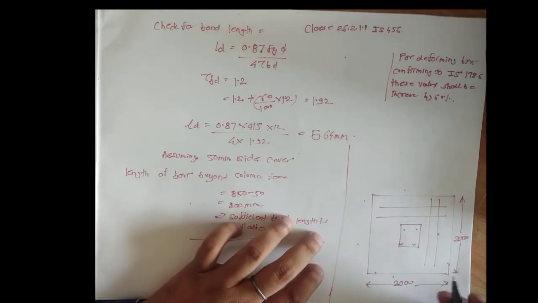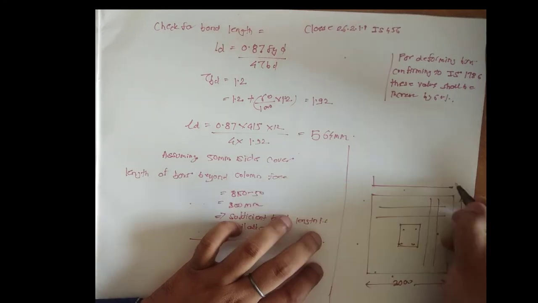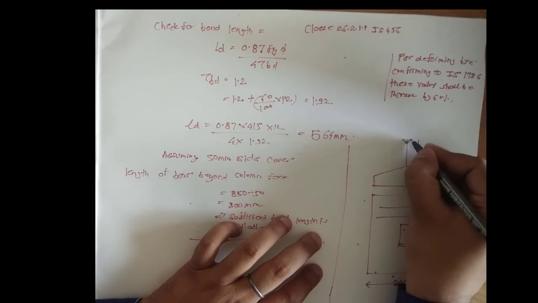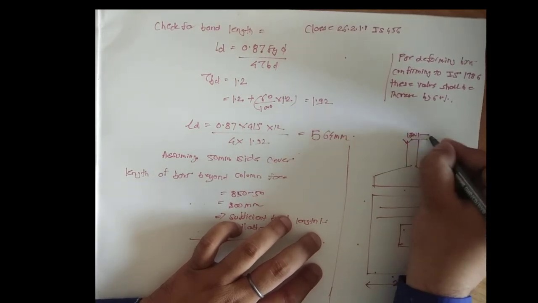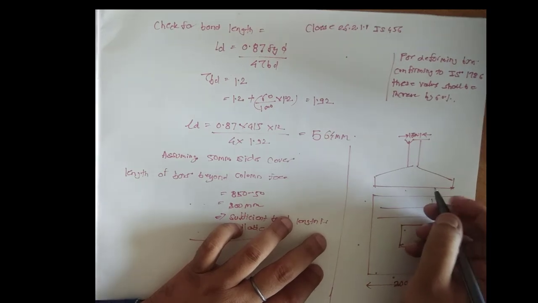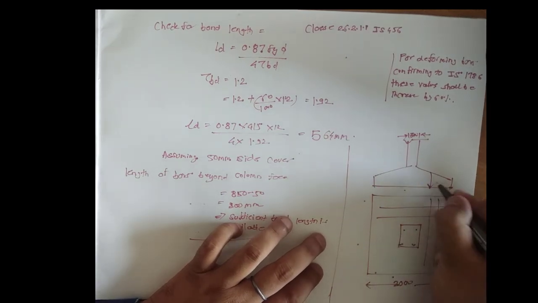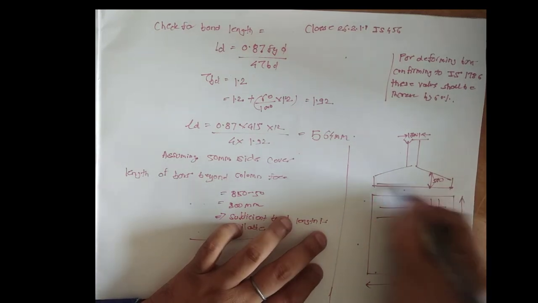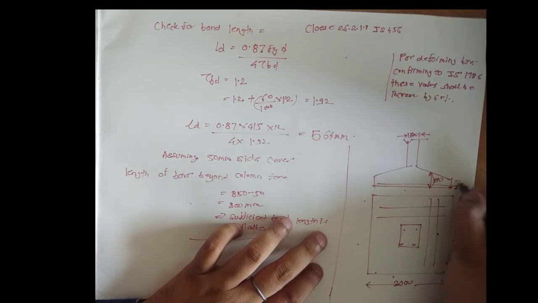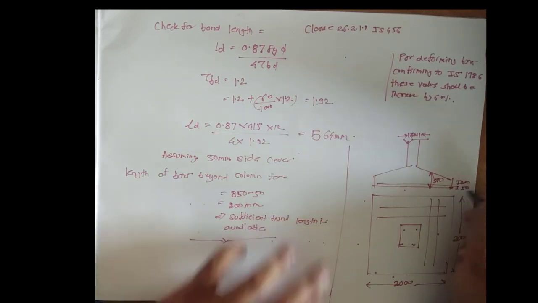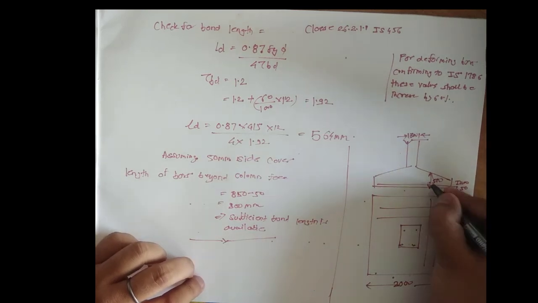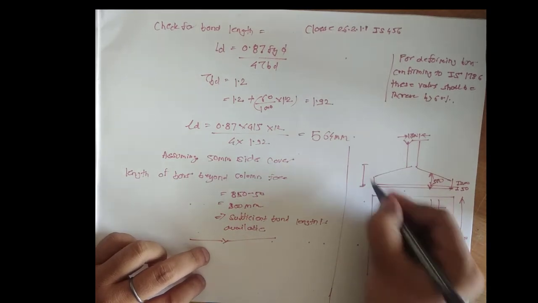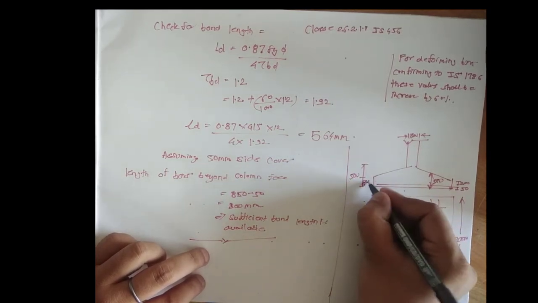So this we know is 300, this depth we know is 500, and this is 50 and this is 200. Cover we have put there.